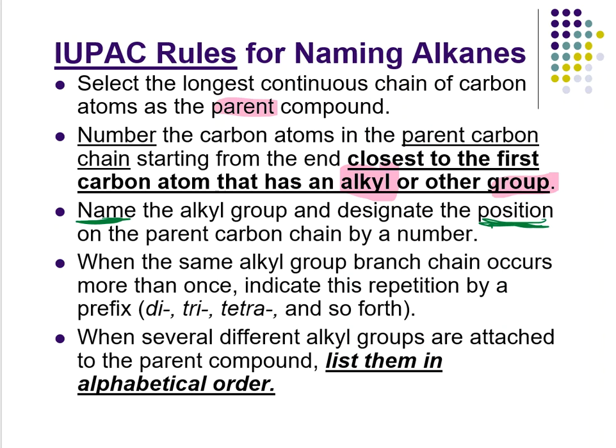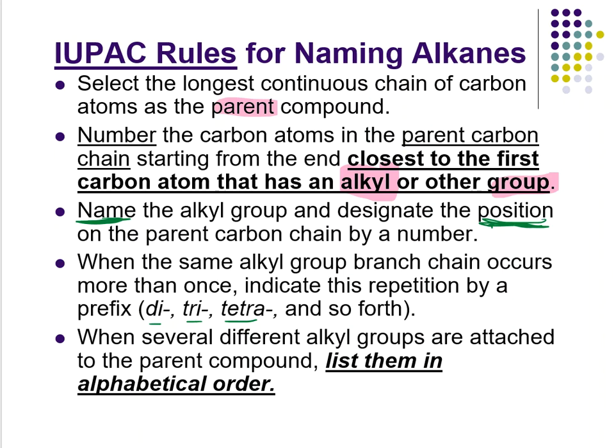Next, when the same alkyl group branches happens more than once, you get 2 or 3 or 4 or 5 of the same thing. Instead of naming it again and again and again, because that's kind of silly, we use the prefixes like di and tri and tetra and so forth for those. And again, we'll see a few of those examples as well.